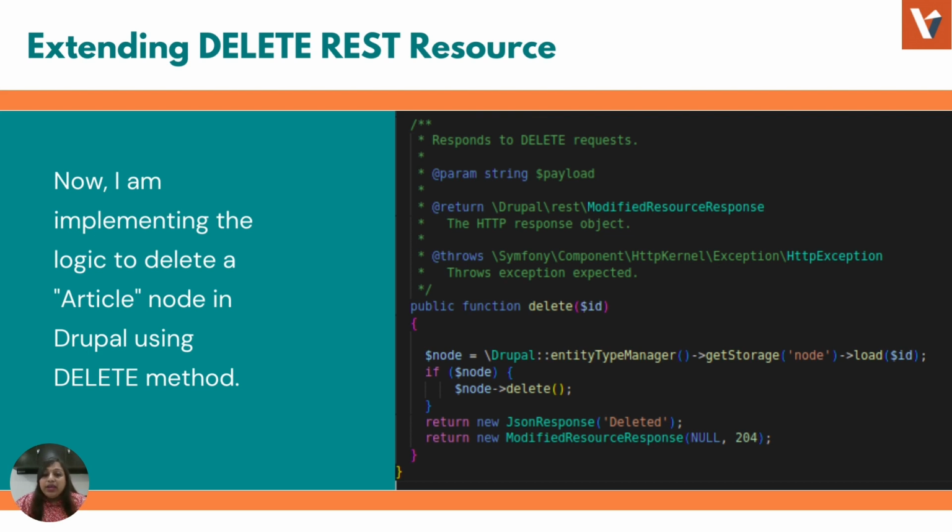Based on this ID variable, it is loading the node from the storage of entity type manager. In short, it is just loading the node based on this ID. And if the node is there, it is deleting that node and giving me a response as deleted. So if my node is deleted, it will give me a response as deleted with 204 status code.